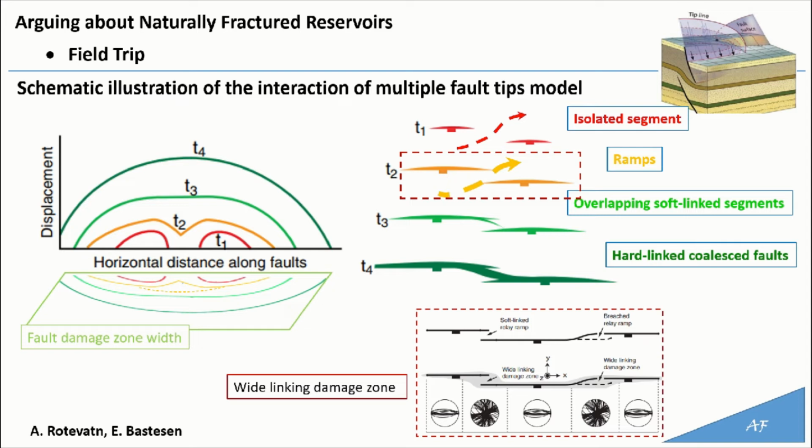This zone is characterized by very high fracture intensity with a larger range of fracture orientation. Then the process evolves in a hard-linked coalesced single fault, becoming at the end of the process a sealing barrier inheriting the anomalous wide linking damage zone.